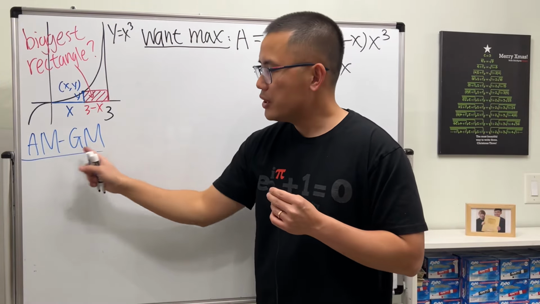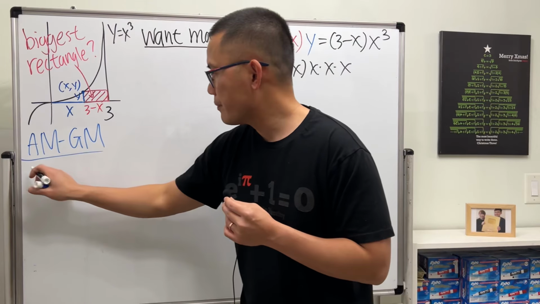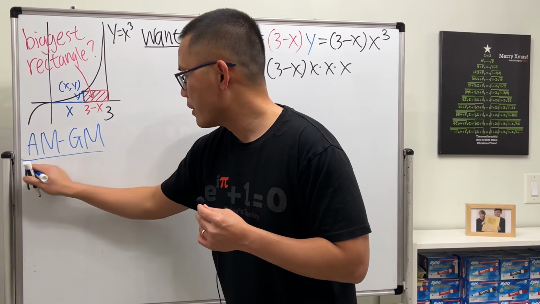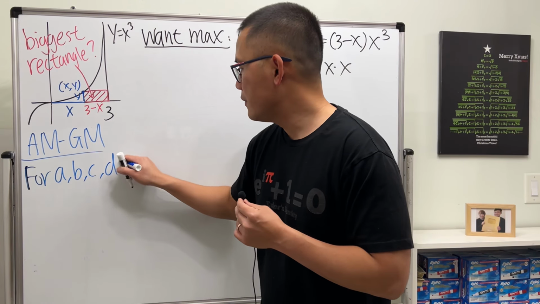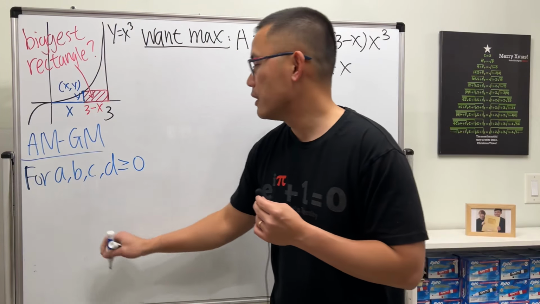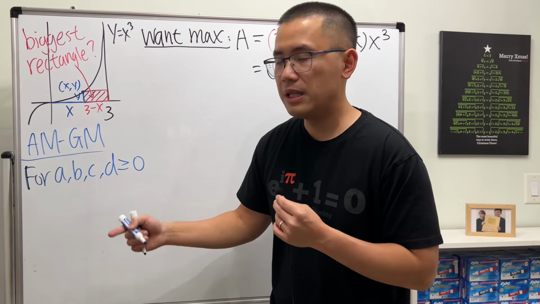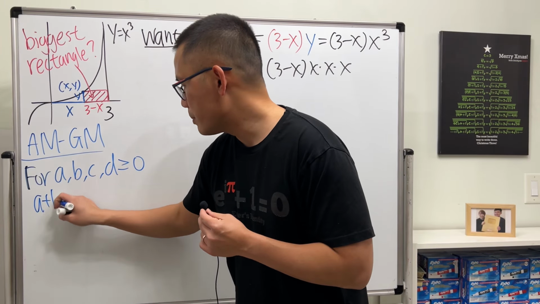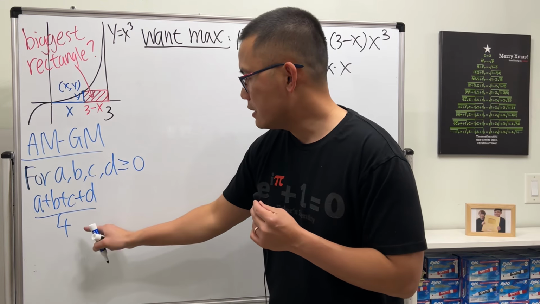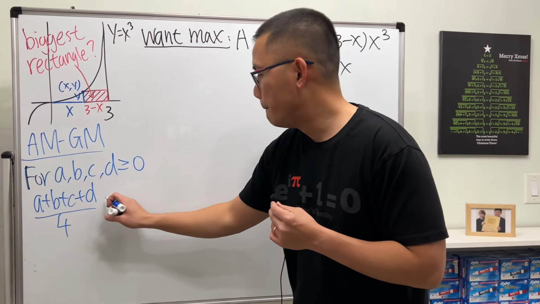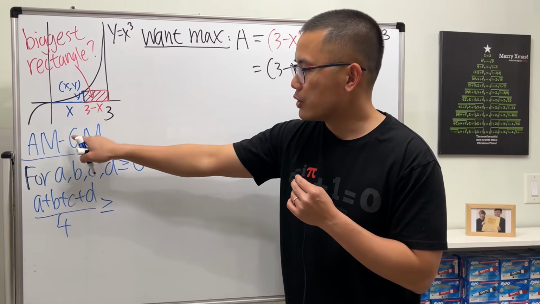So for the AM-GM inequality, let me put down the 4 quantities version for you. So right here, for A, B, C, D, if they are all non-negative, then the arithmetic mean, meaning you just have to add them up and divide by 4, so (A plus B plus C plus D) divided by 4, is guaranteed to be bigger than or equal to the GM, which stands for geometric mean.